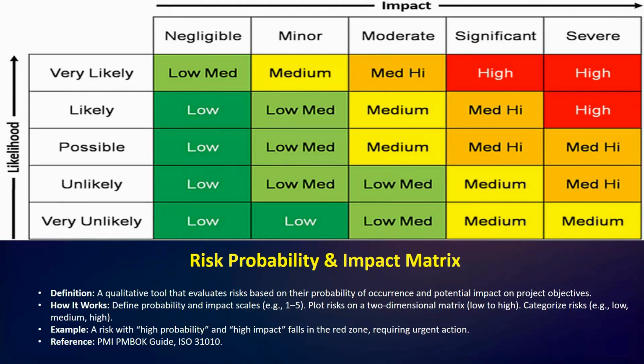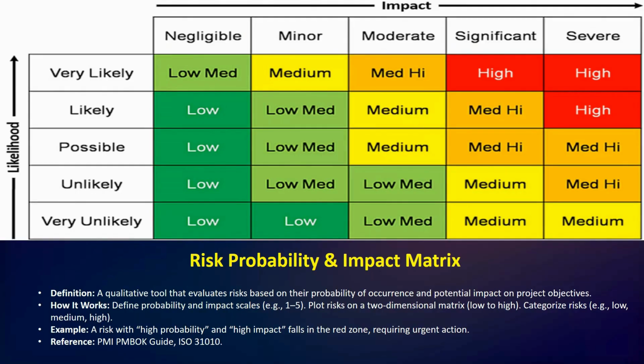Categorize risk, for example, low, medium, high. Risk with high probability and high impact falls in the red zone, requiring urgent action. I have also added the reference from the different books so you can check. I hope the risk probability and impact matrix is clear.